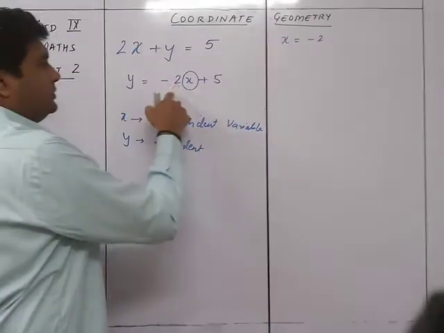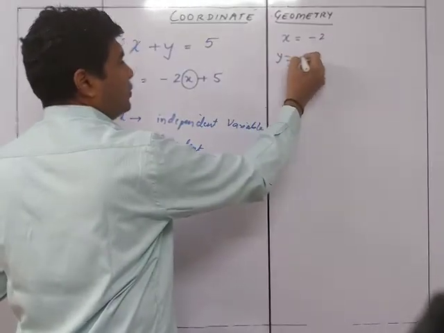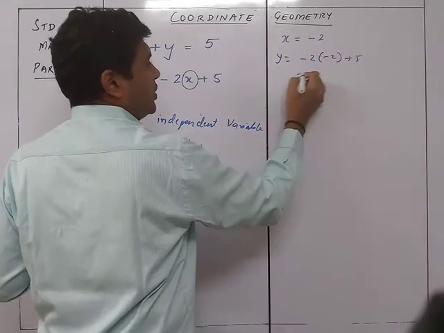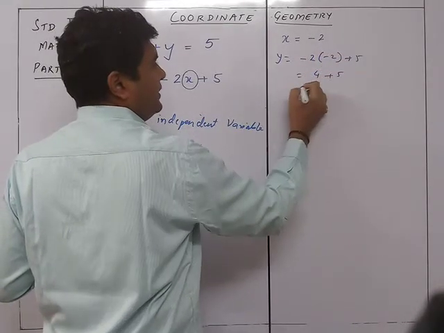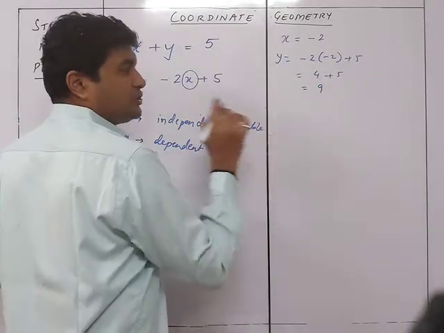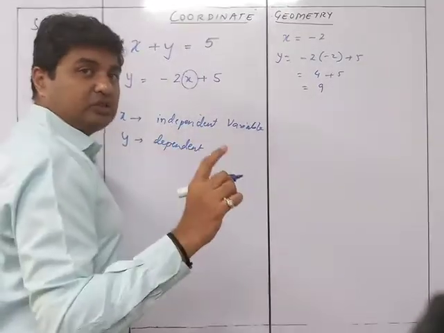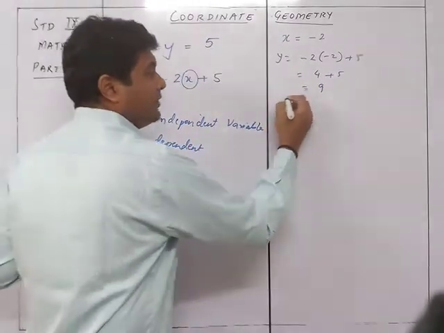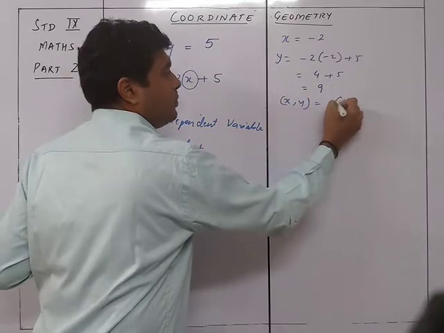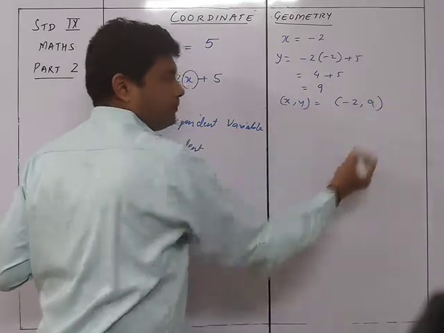Then y will be equal to minus 2 into minus 2 plus 5, so it will be 4 plus 5 is equal to 9. Therefore my first point, x comma y, will be minus 2 comma 9.